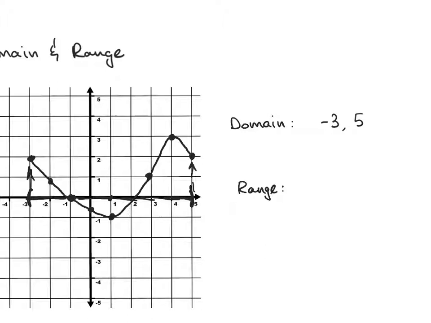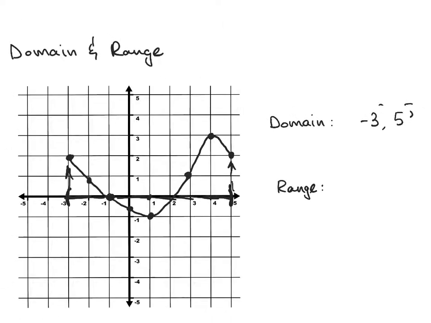And the answer is, well, are -3 and +5 included in the domain or are they not included? Well, -3 is included in the domain because I have a point here, (-3, 2). So -3 is in the domain because it has an output value. So I'm actually going to include -3 with a bracket and include +5 with a bracket also because I have a point (5, 3). So 5 is in the domain because it produces an output of 3.